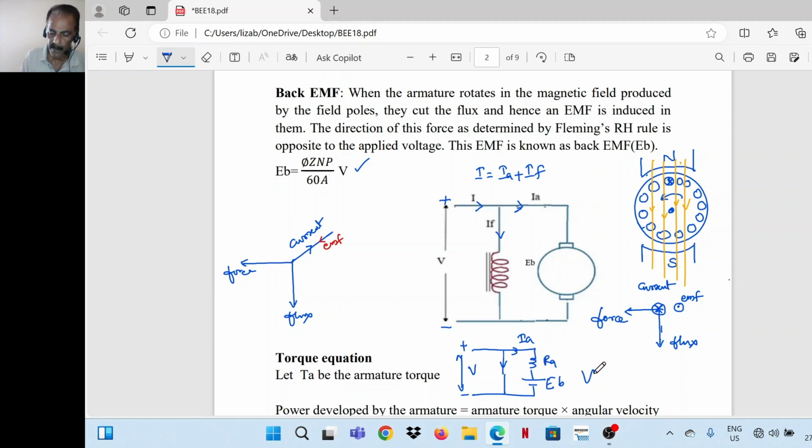So we can write V is equal to EB plus IA RA. So this back EMF is in a direction opposite to that of the armature current or applied voltage. So the applied voltage is the sum of back EMF plus voltage drop in the armature resistance. So two relations we can write here in the case of a shunt motor: I is equal to IA plus IF and V is equal to EB plus IA RA.